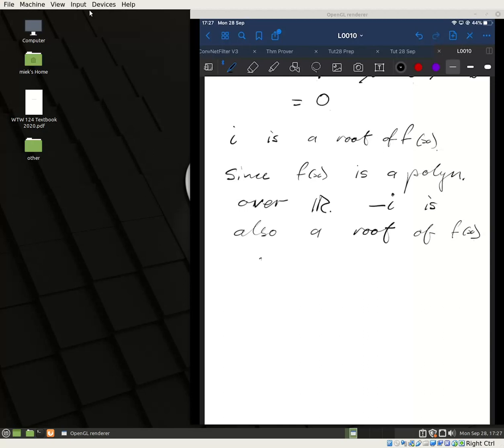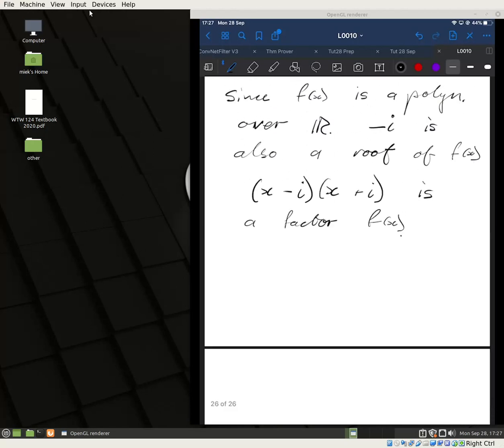So therefore x minus i and x plus i are factors of f(x). And this of course is x squared plus 1.